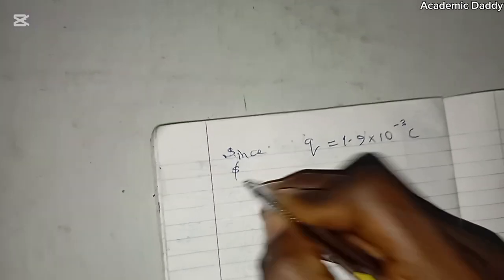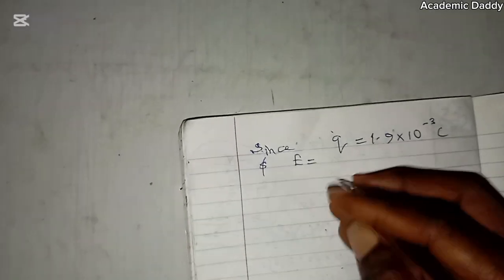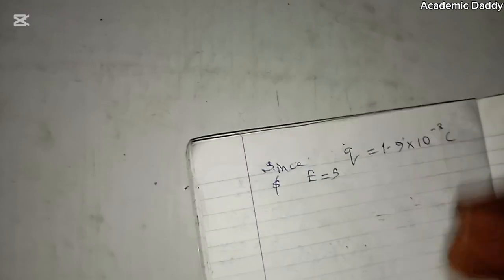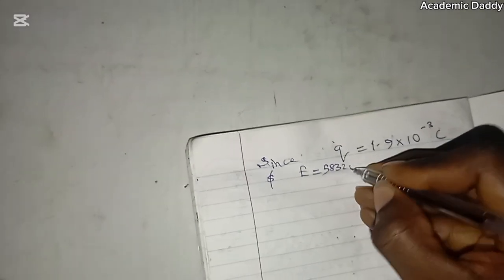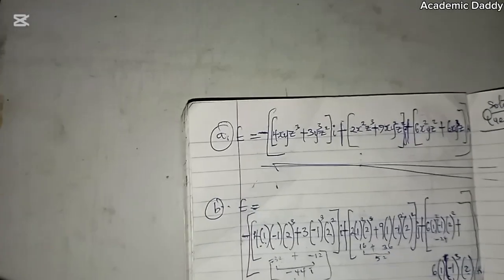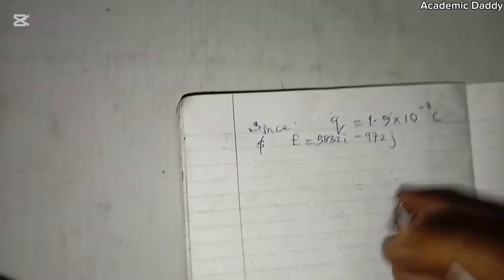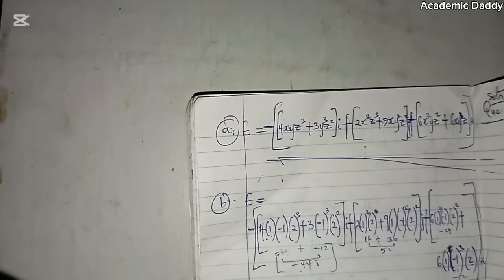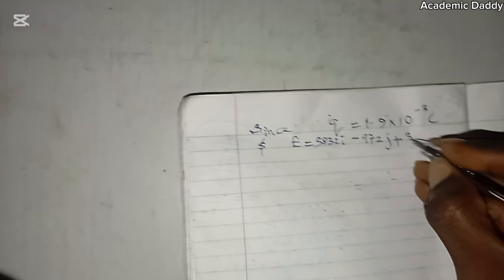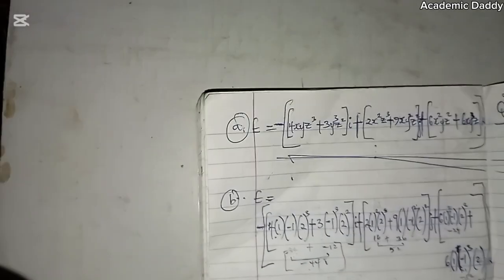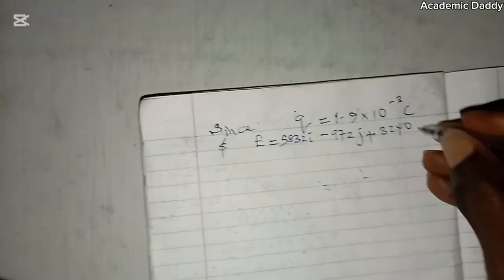And E equals to 5832i minus 972j plus 3240k.